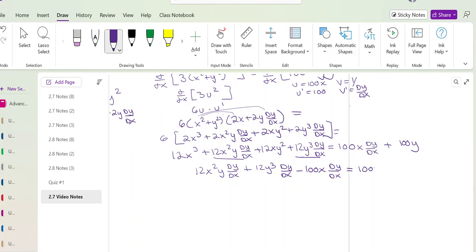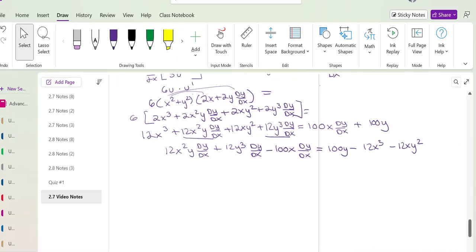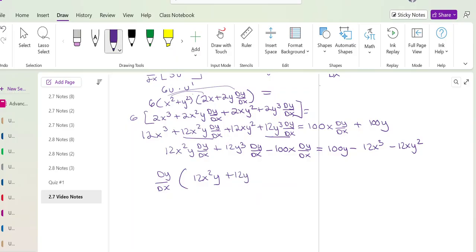So I have 100y minus 12x to the third minus 12xy squared. So then you're going to factor out the dy dx. And then you're going to divide. So now you're going to divide by this whole thing.